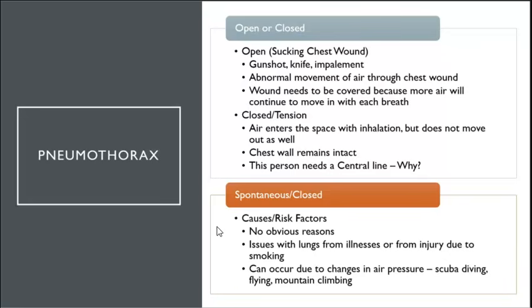Now, your spontaneous pneumothorax. There's no obvious reason. There are some risk factors that could occur. Think about your scuba divers, especially living in the south near the water. If any of you scuba dive, you know that if you're deep down in the water, you cannot go up real fast to the surface, because that will give you a spontaneous pneumothorax. The pressure changes so much that it's going to collapse your lung.